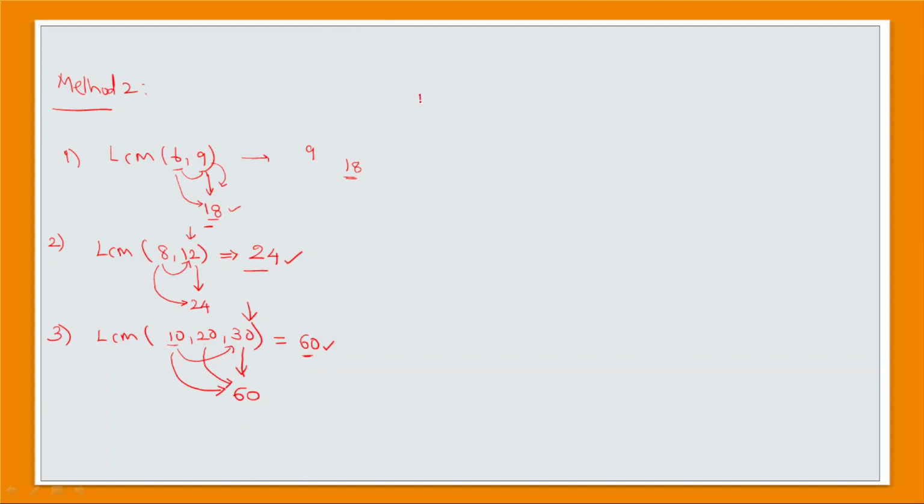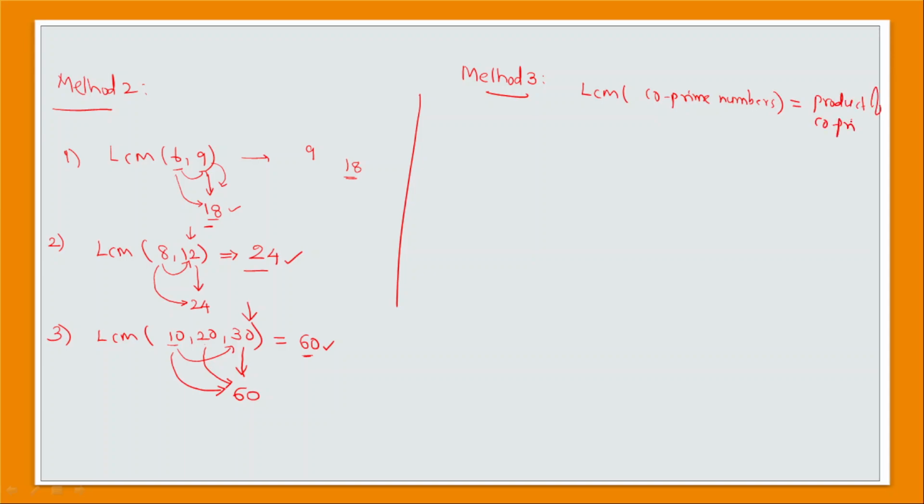Now we discuss method 3. Method 3 is about the LCM of co-prime numbers. The LCM of co-prime numbers will be directly the product of the co-prime numbers.